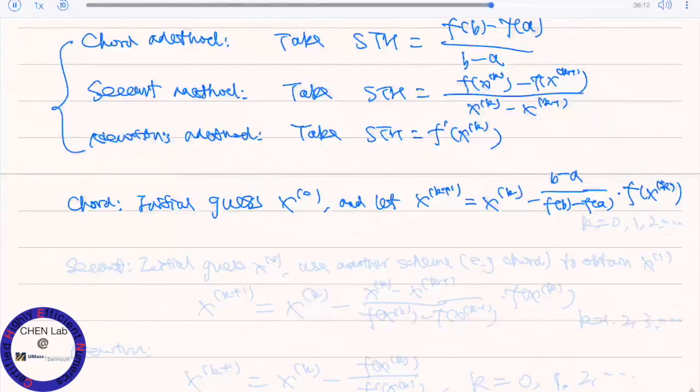That's the greediest scheme. Then you have the formula. Above, the k can be 0, 1, 2, and so on and so forth.